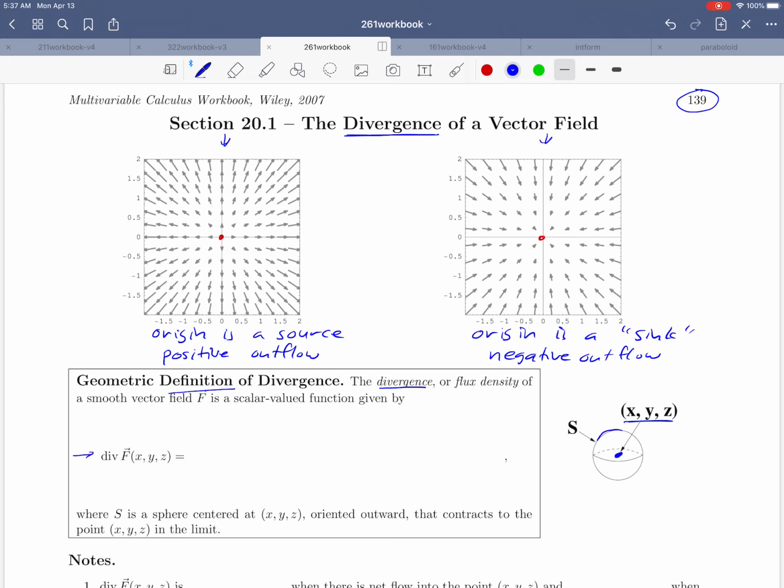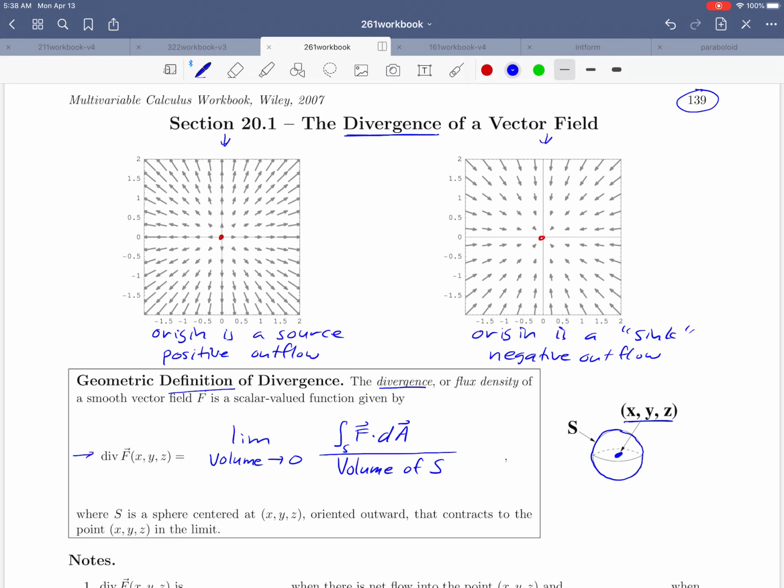We're going to draw a tiny little sphere around that point, and we're going to start by taking the flux integral of f over the sphere. That's going to measure the flow through the sphere. Then we're going to normalize that: we take that flow and divide by the volume of the sphere. And then we're going to do one last thing. We're going to take the limit as the volume of that sphere goes to 0.